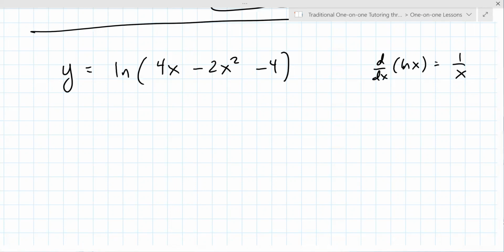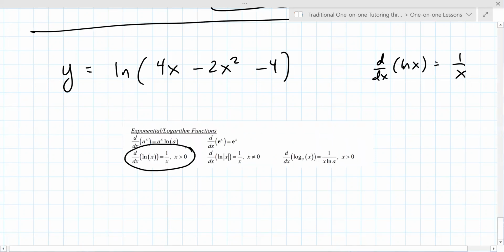Let me see if I can find the one I sent you and see if I can help here. So it looks like 1 over x? Yes. So if it's the one I gave you, it's this one right here.